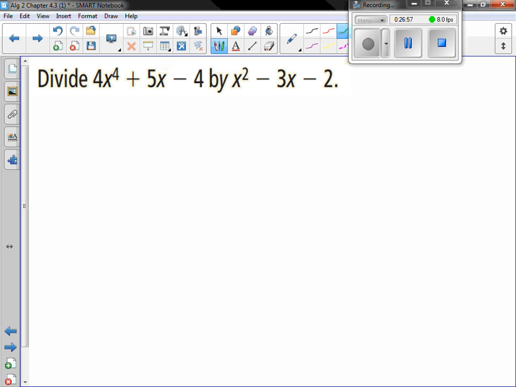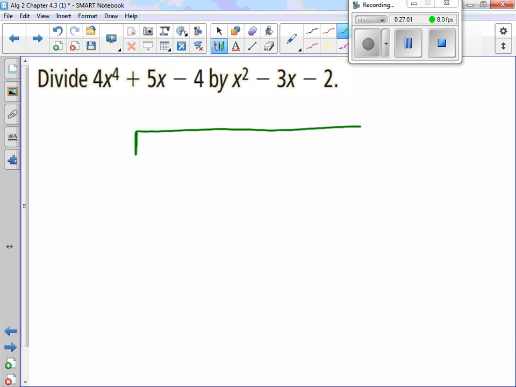Okay. So we're going to start this up the same way. This is what goes inside, so our first term would be 4x to the fourth. Then what? Plus. Then what?